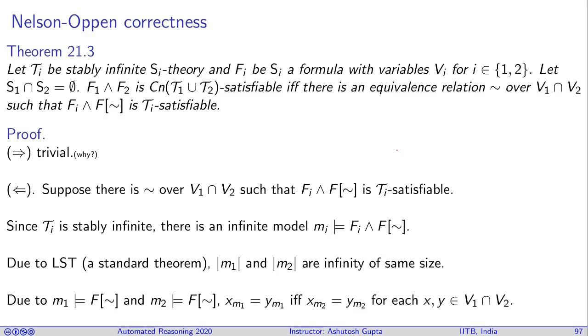Now their sizes are the same, and M1 satisfies F tilde, M2 satisfies F tilde. So we have this property that xM1 equals yM1 if and only if xM2 equals yM2, for x, y in V1 intersection V2. Therefore the right hand side of the previous theorem holds. Therefore F1 and F2 is satisfiable. Therefore we have a Nelson-Oppen procedure in our hands.